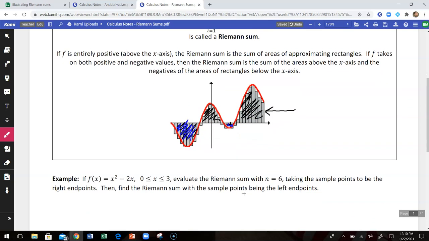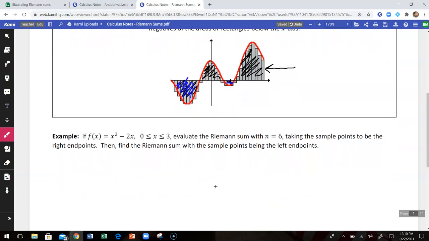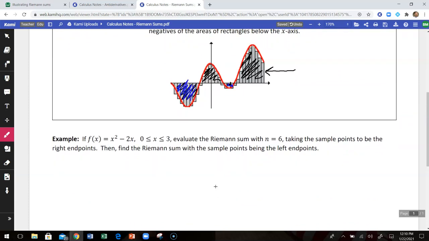We can actually evaluate Riemann sums without graphing the curve and without visualizing what's going on, by simply thinking about how this formula would look given the number of rectangles we have and our interval. We're going to look at the function f of x equals x squared minus 2x, going from 0 to 3.